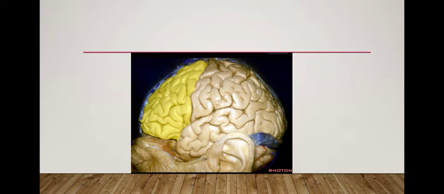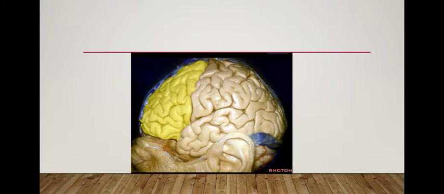Now on the lateral surface, what are the various sulci and gyri that are present within the frontal lobe? There are three sulci that divide the frontal lobe on the lateral surface. One of them we previously studied was the precentral sulcus. In between the central sulcus and precentral sulcus, we have the precentral gyrus running. That's one part of the frontal lobe.